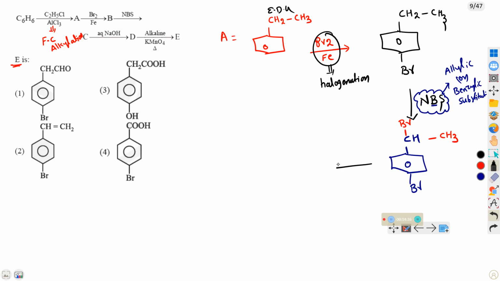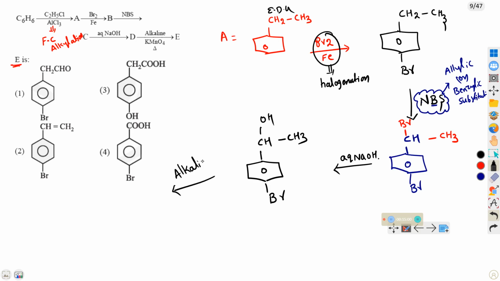Which on further reacts with the aqueous NaOH. This looks like haloalkane. Haloalkane reacts with aqueous NaOH, then it gives alcohol, CH2OH, CH3, Br. Now alkaline KMnO4 heating.